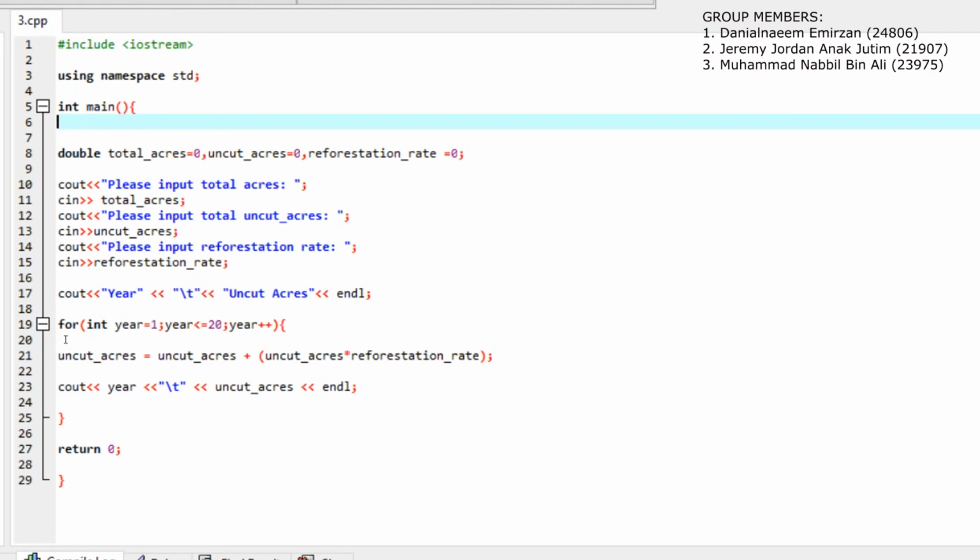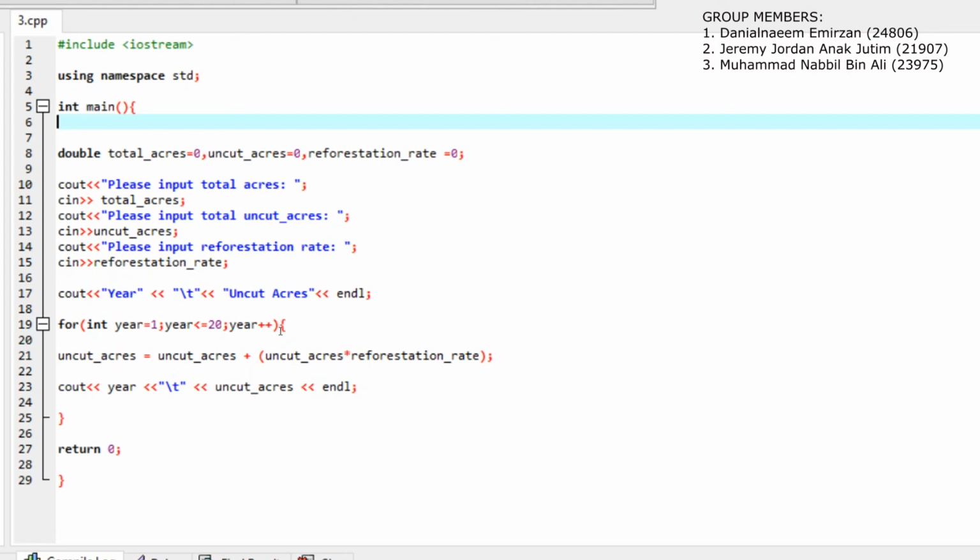For this program, we are using the for loop structure as I mentioned just now in the flowchart. So basically, the program will run at year 1, with the condition of year less than or equal to 20. The year plus plus means the increment of the year.